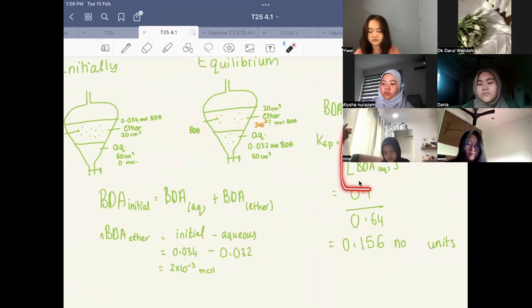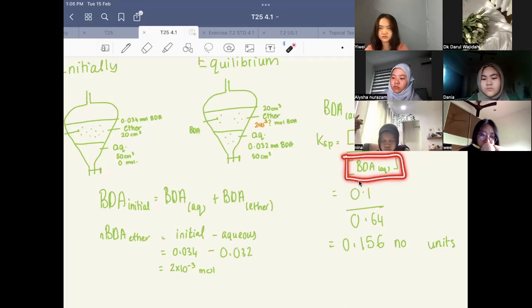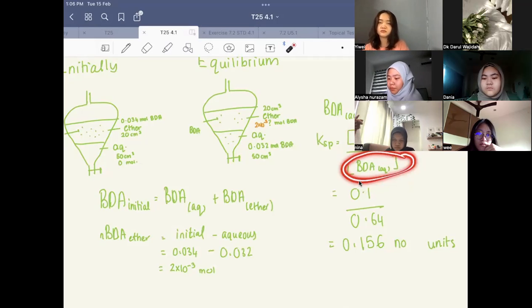A number smaller than 1 would indicate the bottom number is bigger than the top one. So that means the concentration of BDA in aqueous is higher, which suggests BDA is more soluble in aqueous solvent compared to in ether. All right.